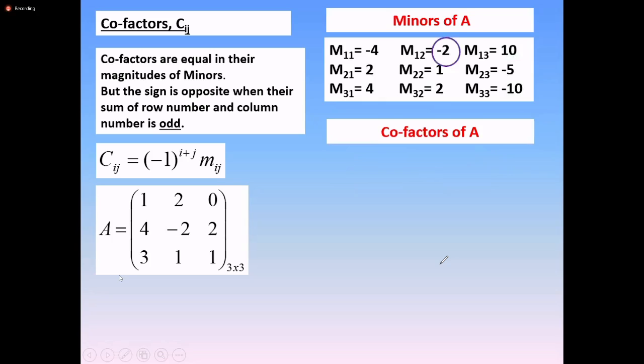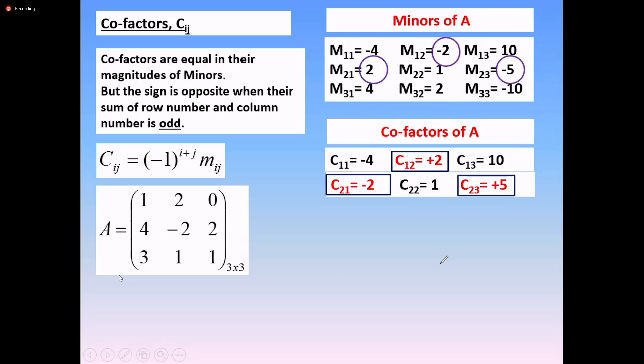Cofactors of A. Same thing, explain again. Actually, first row and last row, middle values is opposite sign. Second row, corner values, number 2 and number 5.